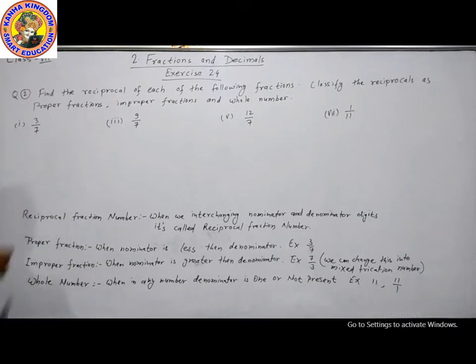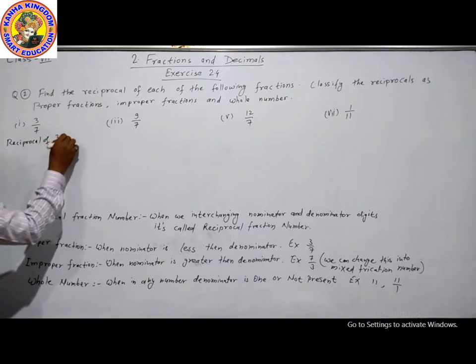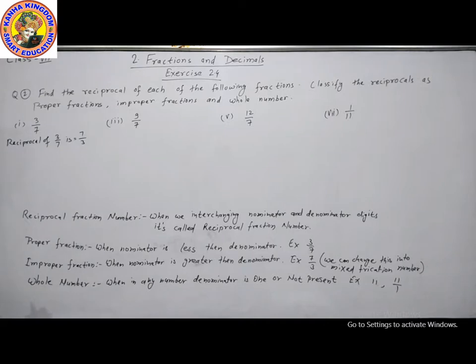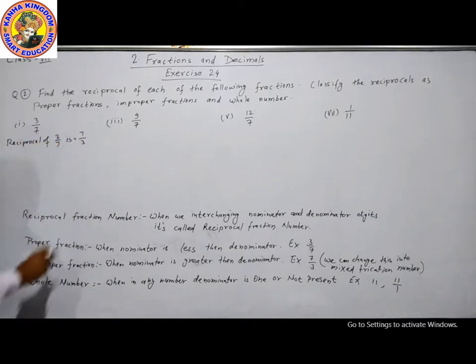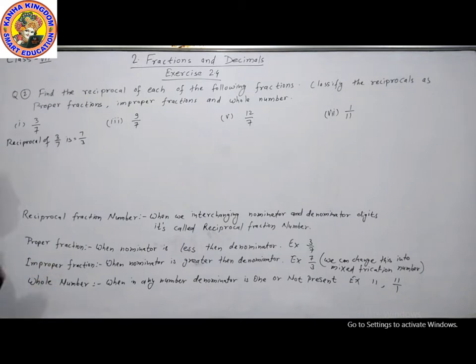Now our question is 3 by 7. Reciprocal of 3 by 7 is 7 by 3 by interchanging the digits. Numerator is 7, denominator is 3, numerator is greater than denominator, then improper fraction number.